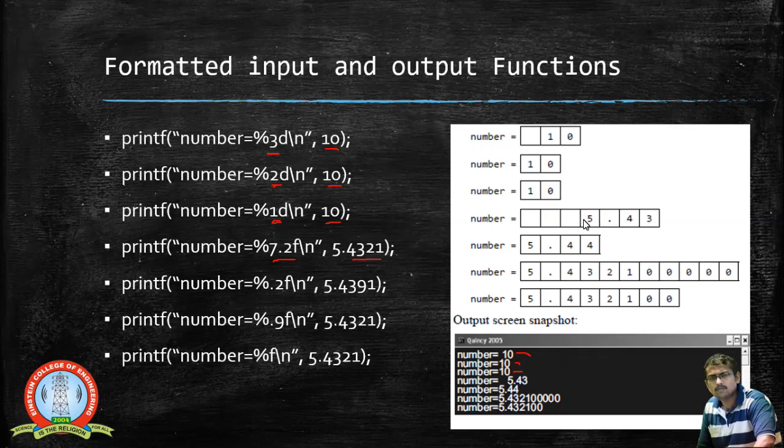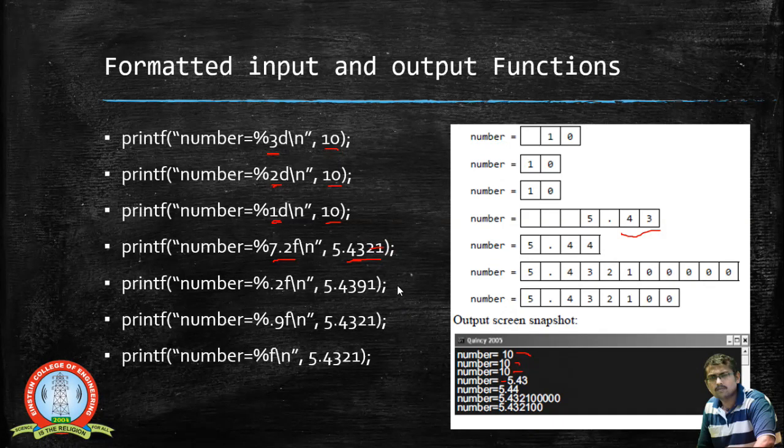Since I have only one number, 5, the rest will be left free, and spaces will be printed for those positions where digits are not present. The rest of the 4321 will be rounded off, and only the 4 and 3 alone will be printed.